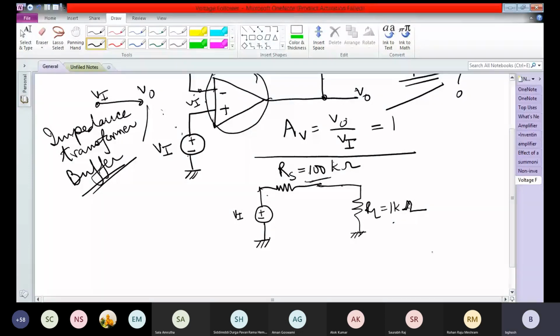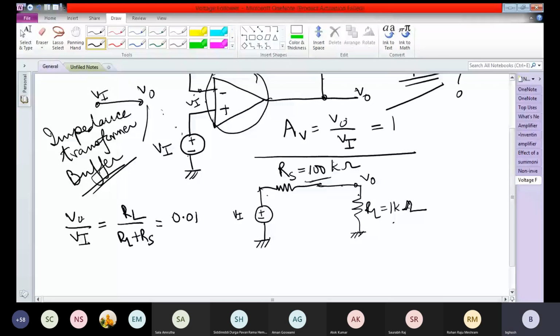So what is going to happen to the voltage here? V0 by Vi will be RL by RL plus RS, and that will be 0.01.